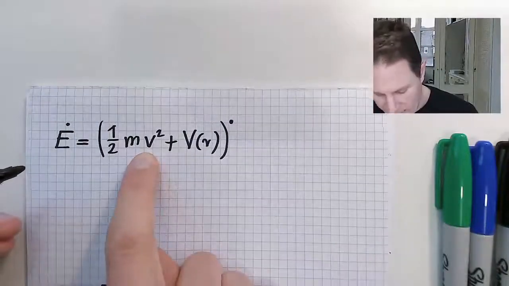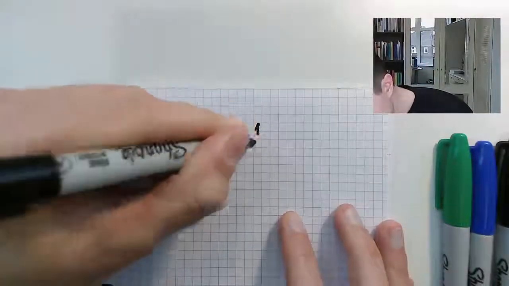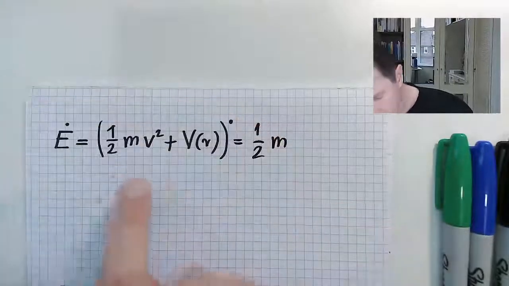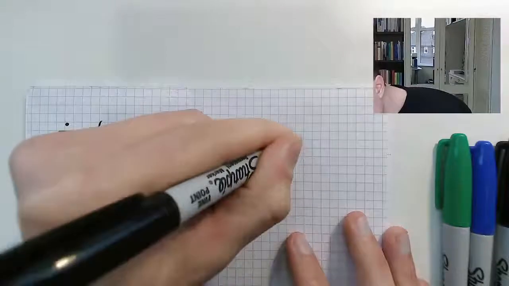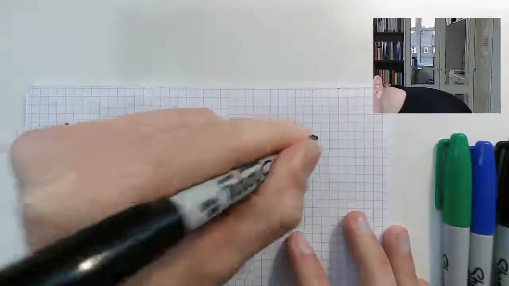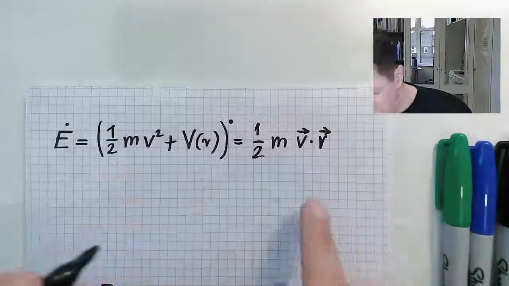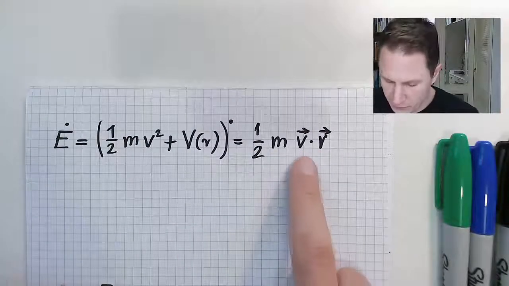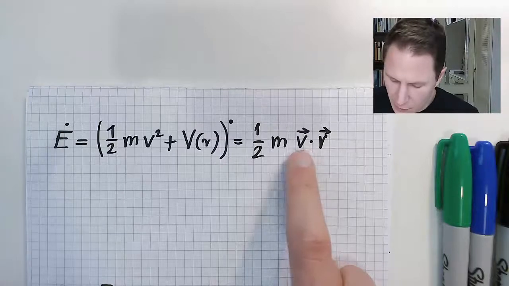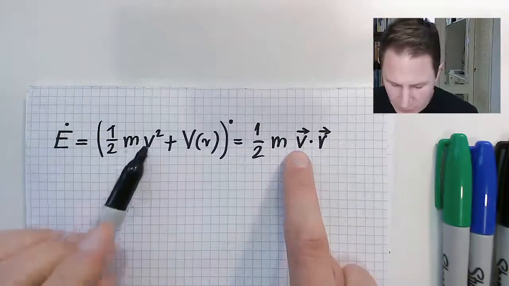So v squared, the length of the velocity vector squared, is the same thing as the scalar product of v with itself.